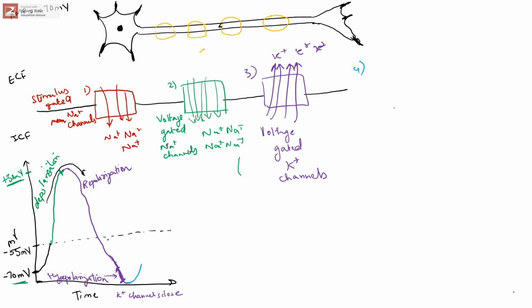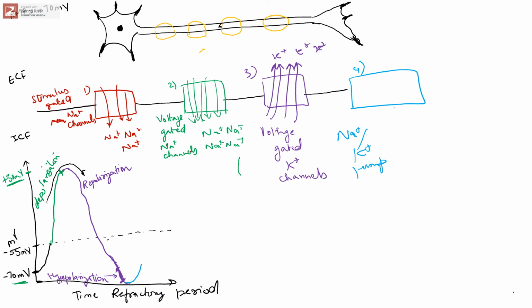So the fourth channel that opens up is the sodium potassium pump. Okay, so this stage wherein the cell gets hyperpolarized and cannot generate a new impulse is known as the refractory period.